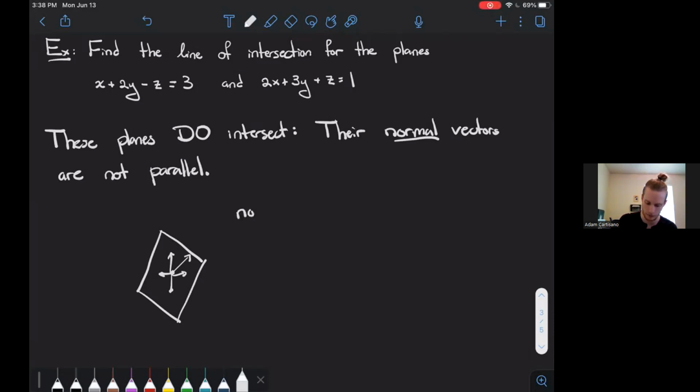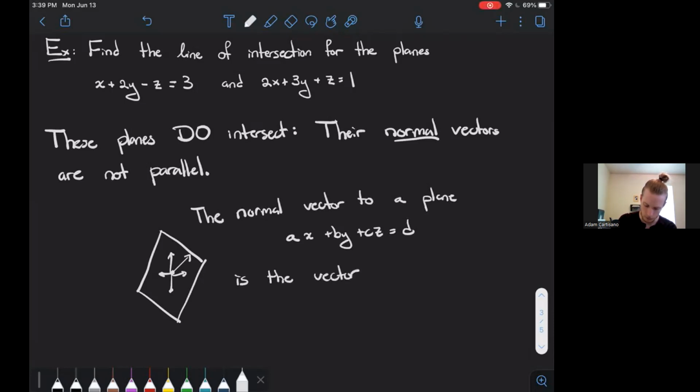So the normal vector to a plane ax plus by plus cz equals d is the vector ABC, usually denoted with an n. N equals ABC. Very nice.